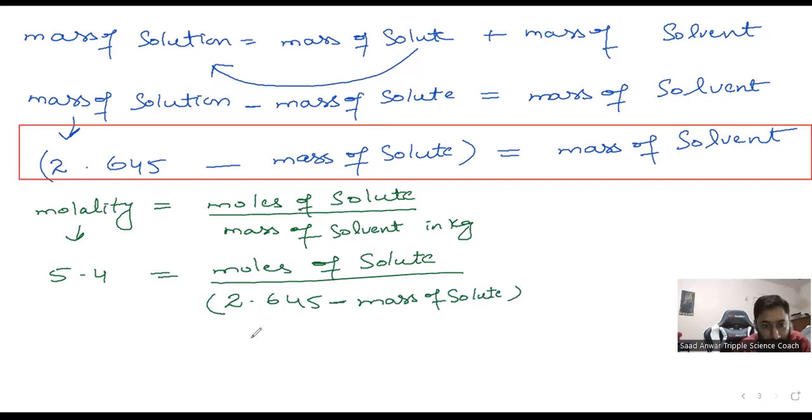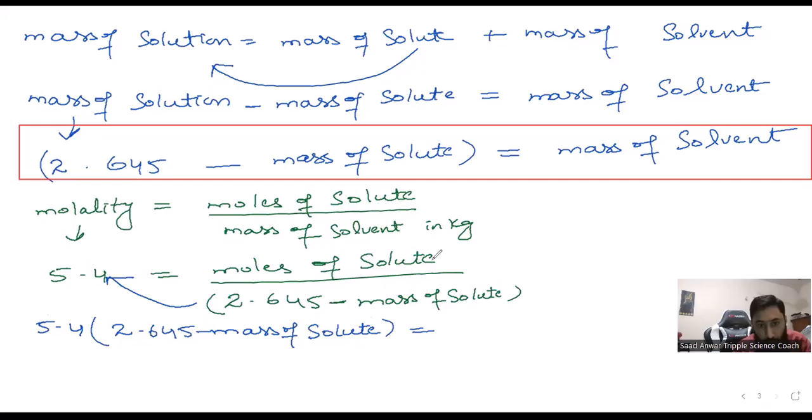I would bring this factor here so that I can get moles. So 5.4 times (2.645 minus mass of solute) is equal to moles of solute.